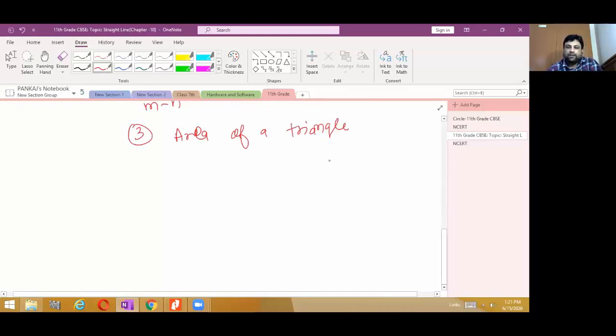Clear? Suppose any triangle is given, triangle ABC, and the coordinate of A is (x1, y1), the coordinate of B is (x2, y2) and the coordinate of C is (x3, y3). Got it?